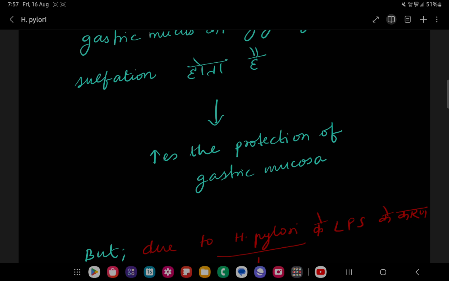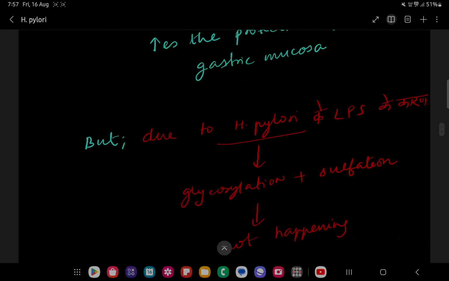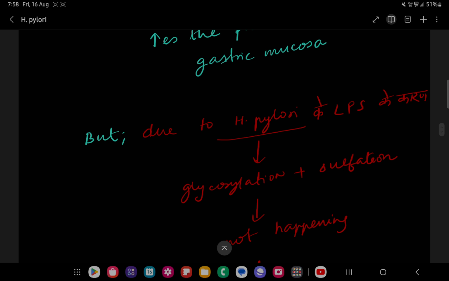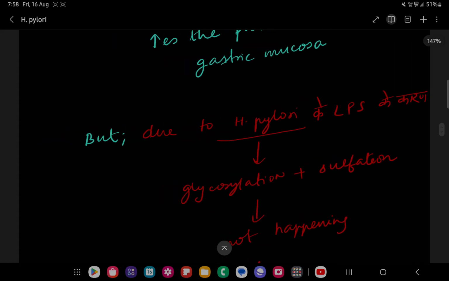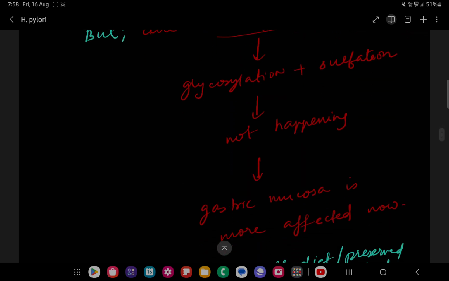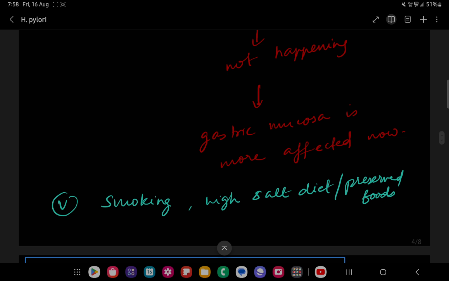It increases the protection of the gastric mucosa. But in the case of H. pylori, due to the lipopolysaccharide LPS, the glycosylation and sulfation is not happening, and this will lead to more damage to the gastric mucosa.